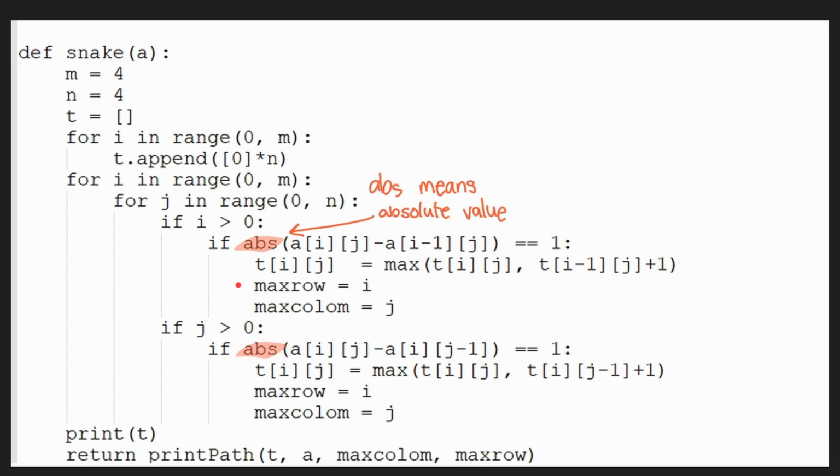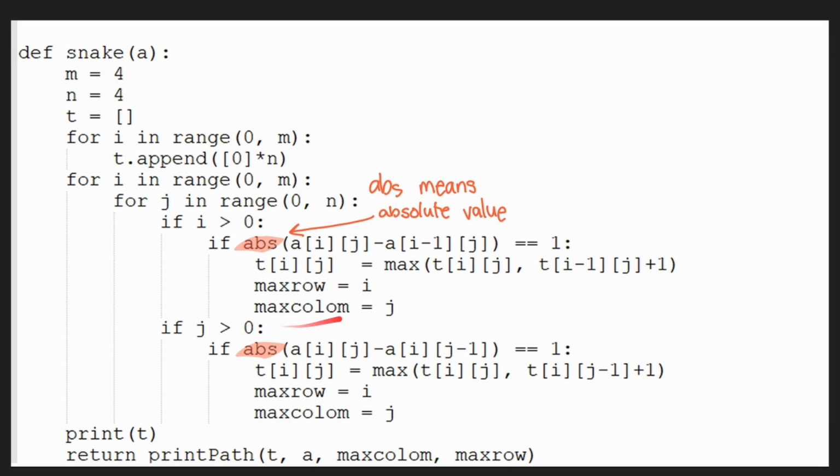If the absolute value of it is equal to 1, then you make the T value, the corresponding value in T, either the previous value incremented.